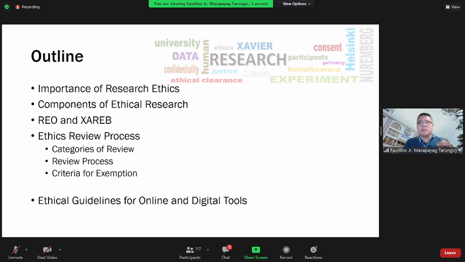The reason I need to explain is that during the writing of your proposal and before submission to the Research Ethics Office, these elements should already be considered, especially if your research will involve human participation. So you should already incorporate these elements for ethical considerations.